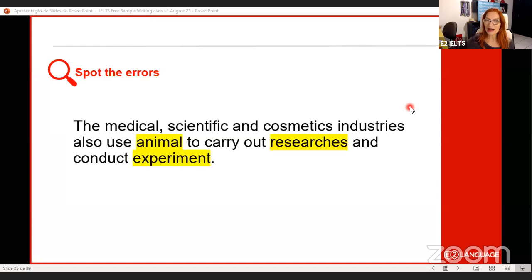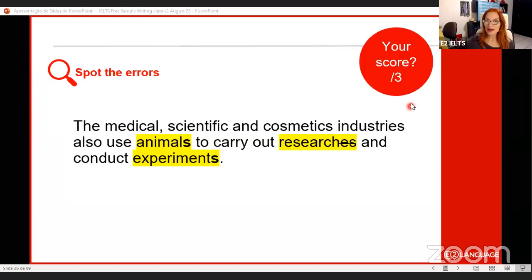That's it, exactly. To carry out, not researches, and conduct. Researches we don't use in plural form, but animals and experiments we do. It's a general perspective. We're not using only one animal. It's the concept and the general perspective of using animals, therefore S's.